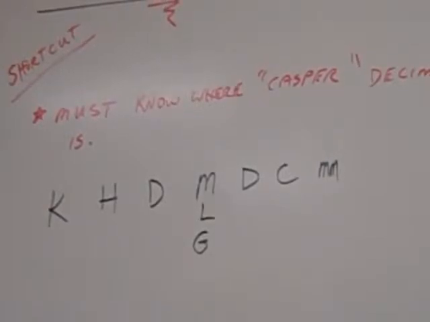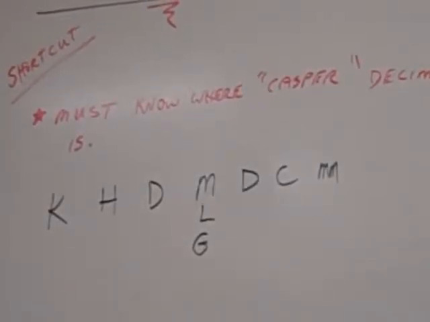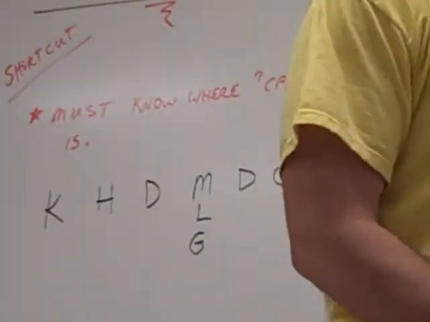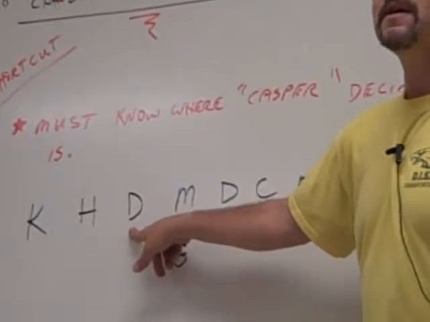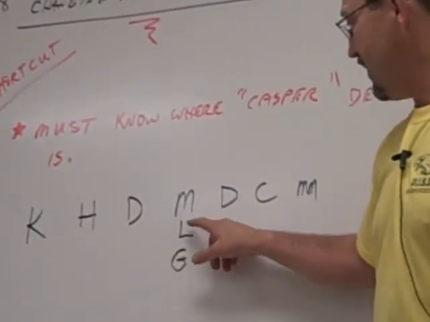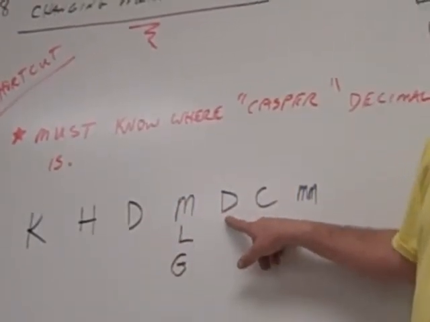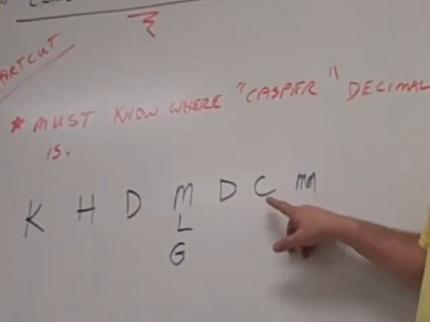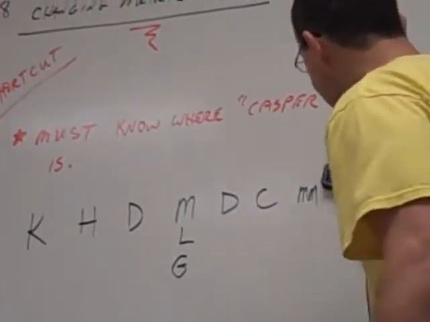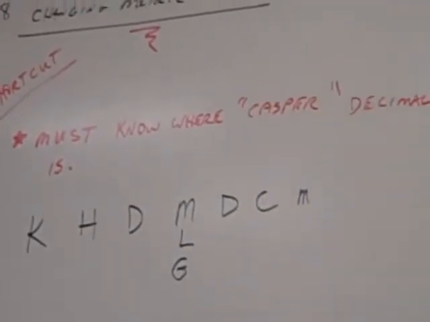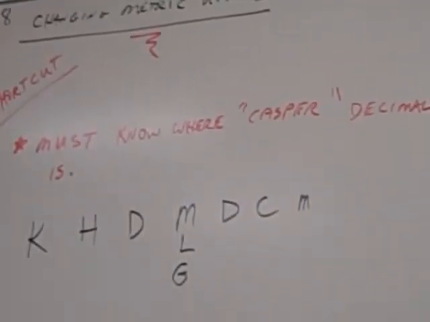So that is mine, but you can remember chocolate milk if you want to. It's just whatever helps you remember it. Kilos, hectos, deca, meters, liters, grams, deci, centi, milli. Why are there two L's? Remember, because it's millimeter. Sorry. There we go.